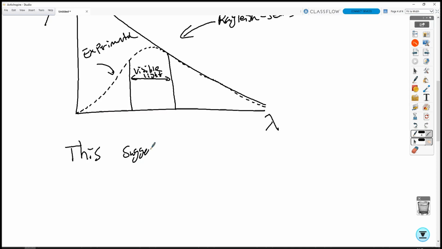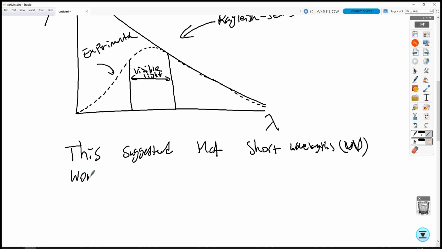So this suggested that short wavelengths, such as UV, would tend to infinite power density. In other words, it shot up to infinite, so infinite amount of emission, which was not true.